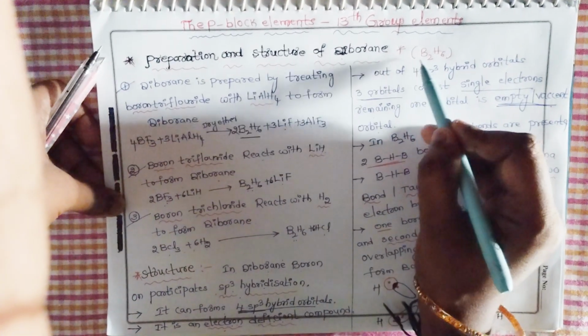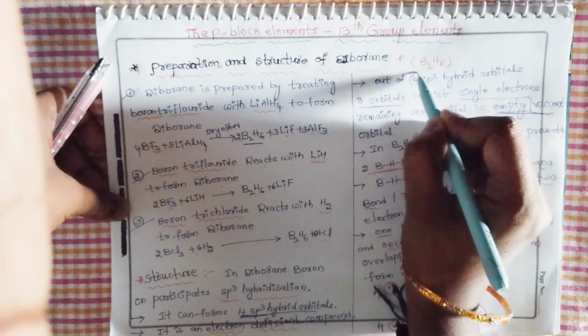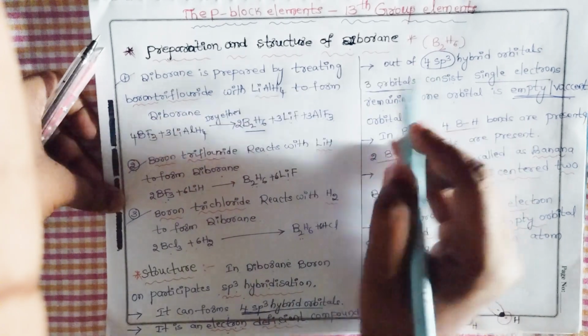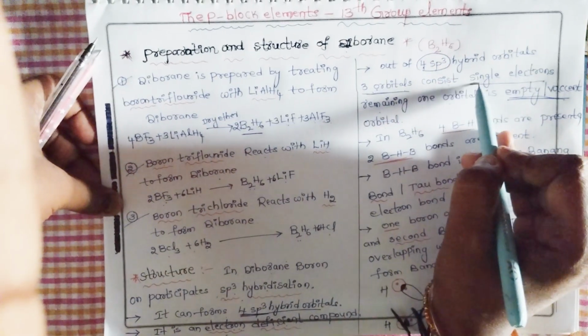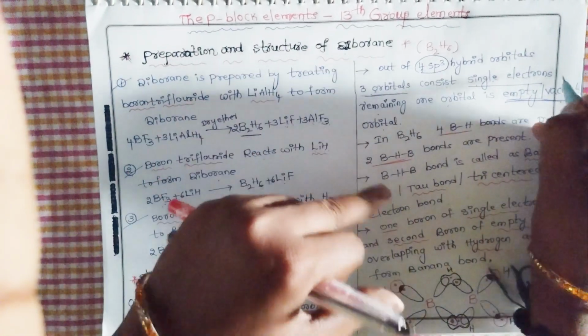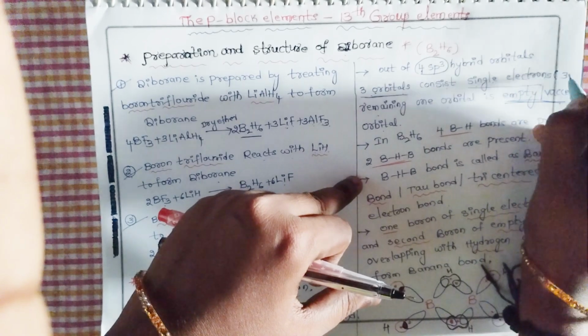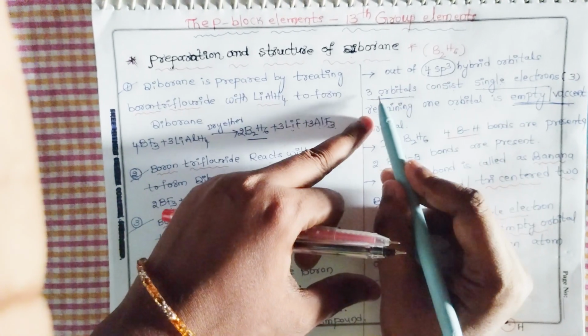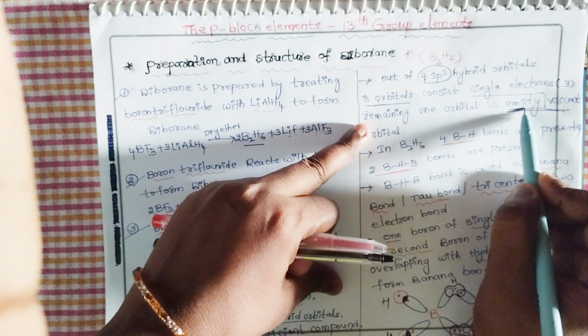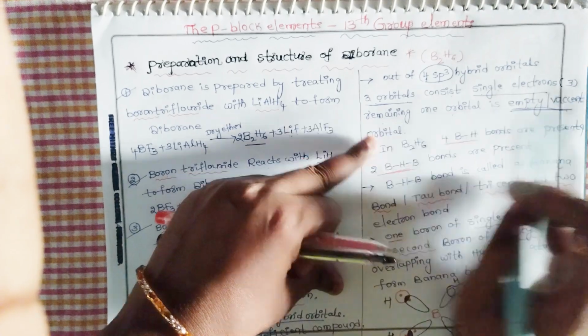So each boron has 3 single electrons, and one remaining orbital is present. That orbital is called an empty or vacant orbital.